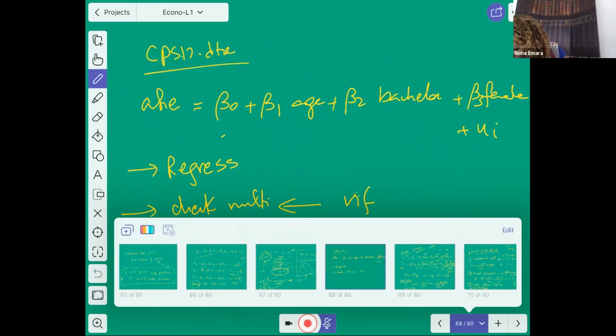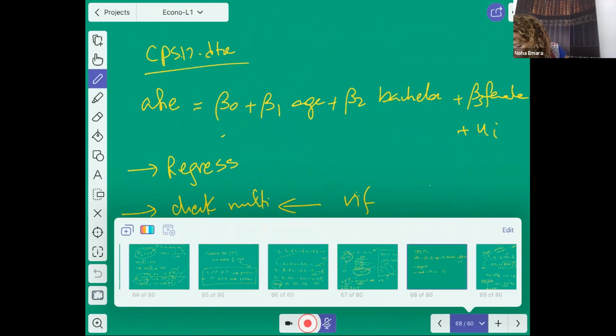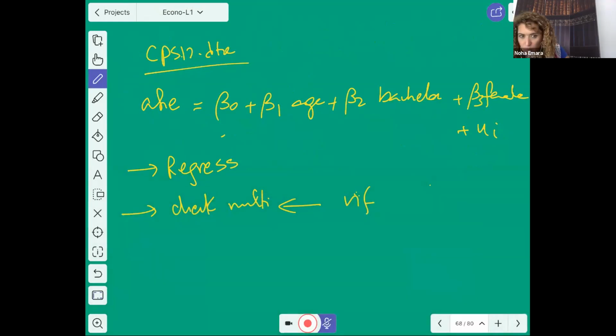So you just need to type regress, whatever the variables you have: AHE, age, bachelor, and female. Once you're done with the regress command, you just type the line right after it, VIF, the variance inflation factor.